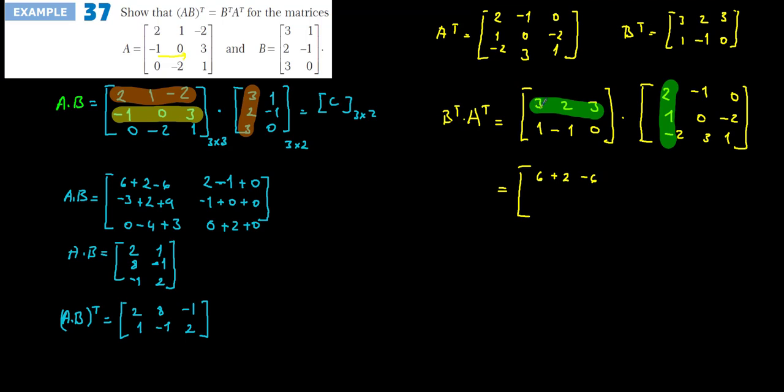And 3 times minus 1 is equal to minus 3. 2 times 0 is equal to 0. And 3 times 3 is equal to plus 9, it should be.